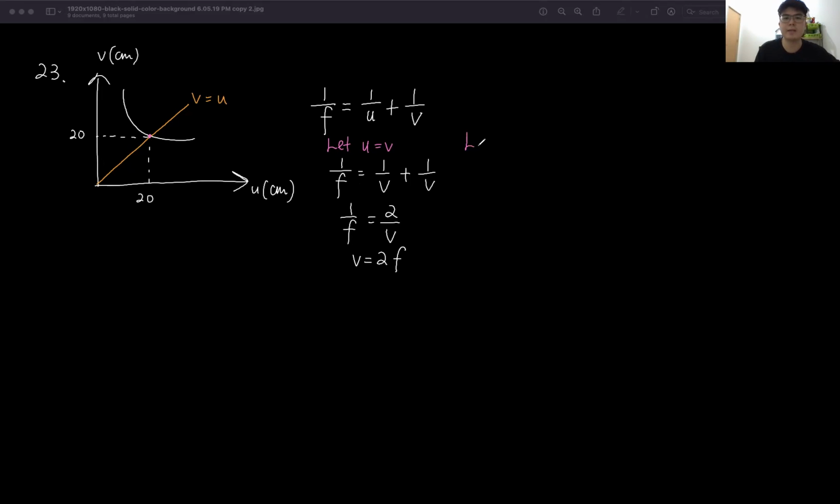Or you can let V equals U, 1 over F equals 2 over U, and again U equals 2F. So this coordinate here, the U value is 2F, and same here, this one is equal to 2F.